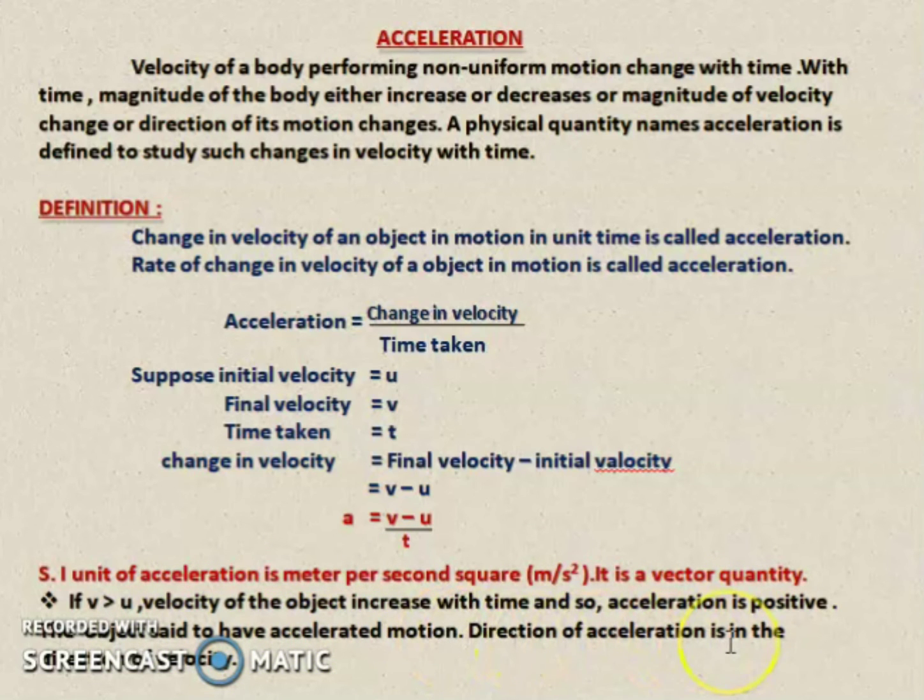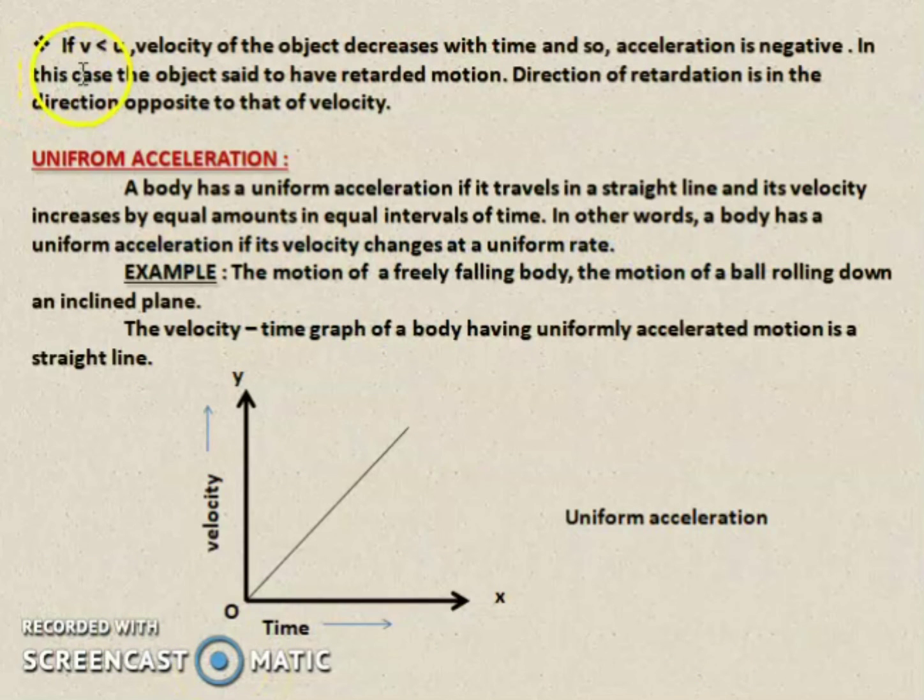The direction of acceleration is in the direction of the velocity. Case two: if the final velocity is less than the initial velocity, the velocity decreases with time, so the acceleration is negative. In this case, the object is said to have retardation motion. The direction of retardation is opposite to that of velocity.